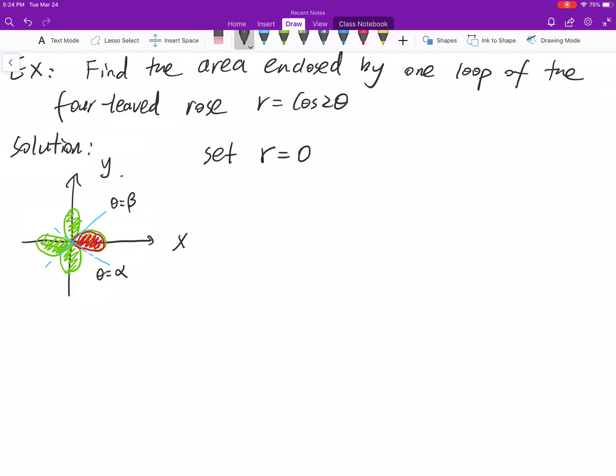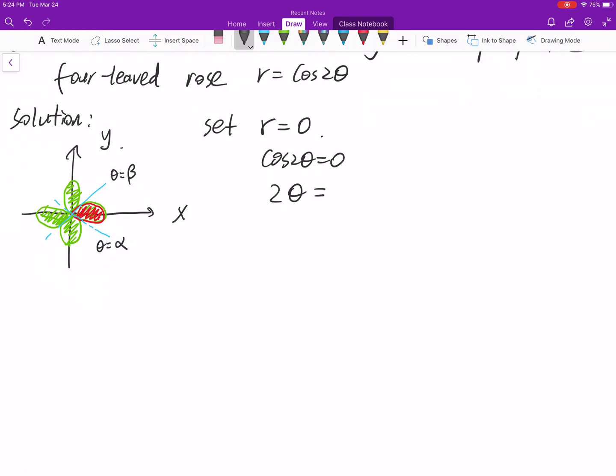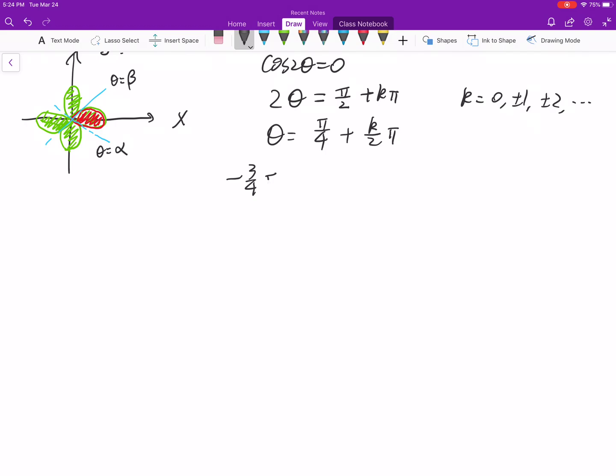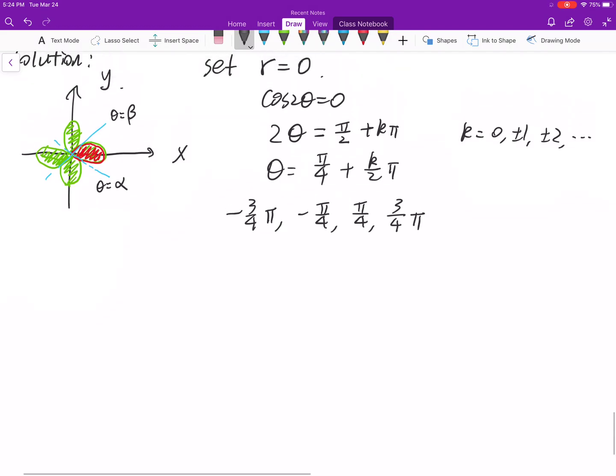So set r equals 0, then cosine 2 theta equals 0, and 2 theta is given by pi over 2 plus k pi, where k is 0, positive 1, positive 2, all the integers, and then theta is pi over 4 plus k over 2 pi. In particular, you will have the following solutions near 0. And looking at the picture, we know alpha is negative pi over 4, beta is pi over 4.